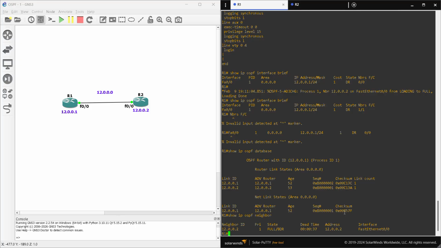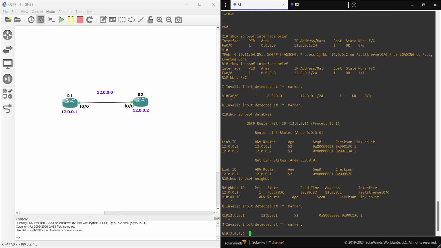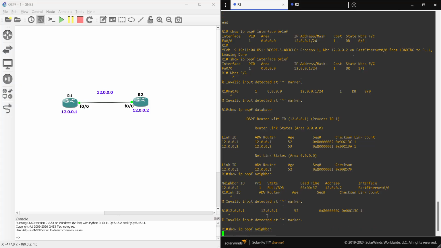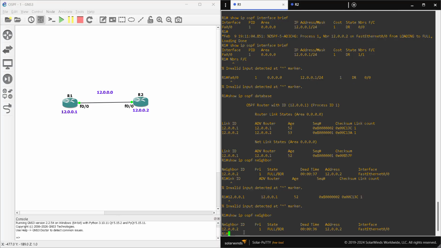Now, as you can see in this, it is telling me the information of the neighbor. So I'm checking for R1 and let's see the information of R2. So this is what it is telling me. This is the neighbor ID, right? Along with the process ID, it tells the state, dead time, and then this is the address of our R2, along with on which Fast Ethernet it is configured with OSPF.